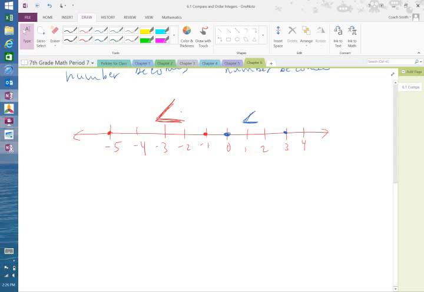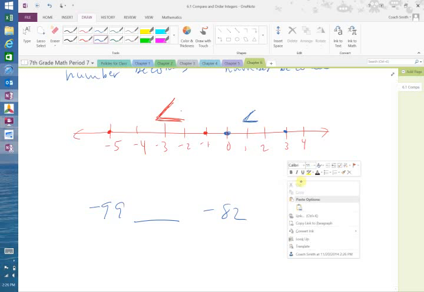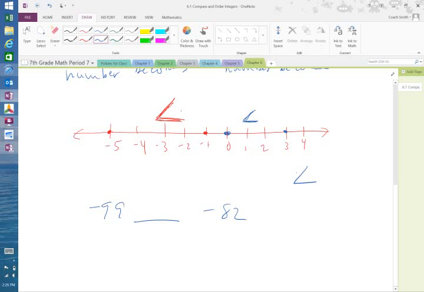Let's look at an actual problem: -99, -82. Let's remember our inequality signs: is less than, is greater than. Which of the signs is going to go in the blank for -99 blank -82?